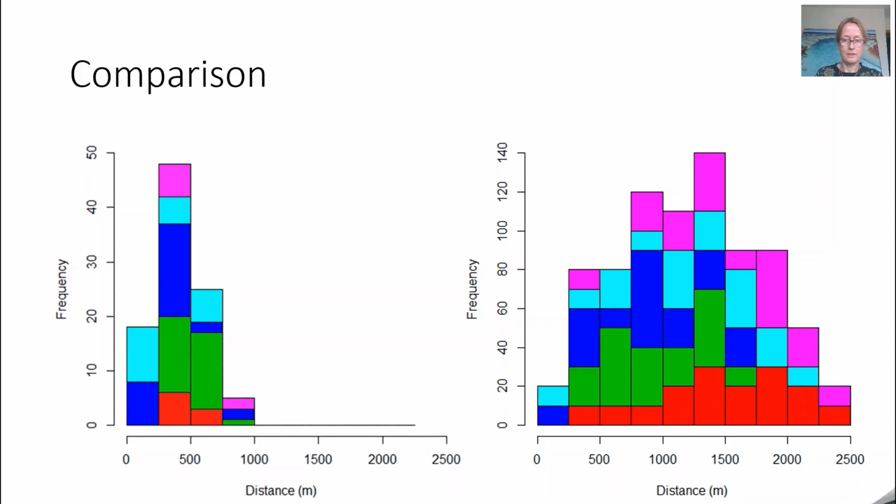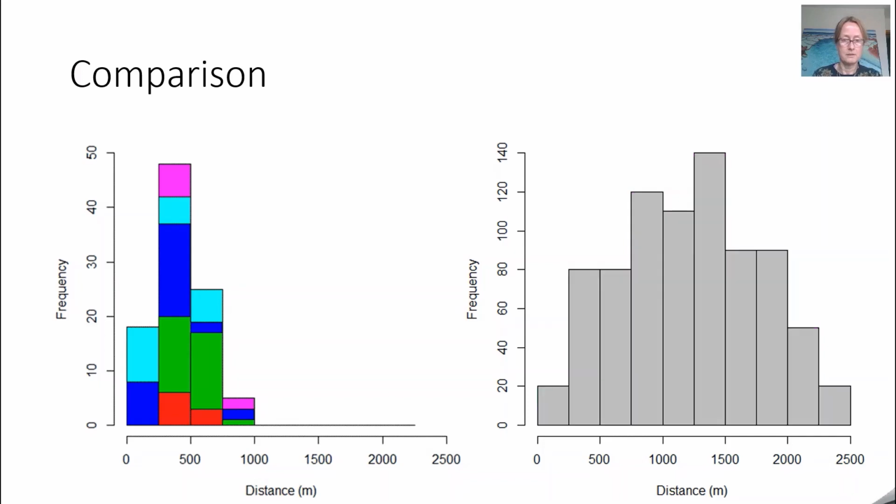So let's have a look at the histogram on the right, and we'll turn this gray now, but the distribution is the same. And on the left, we have the histogram from scenario 1, and you can see that the y-axes are not on the same scale. One goes up to 50 and the other goes up to 140.